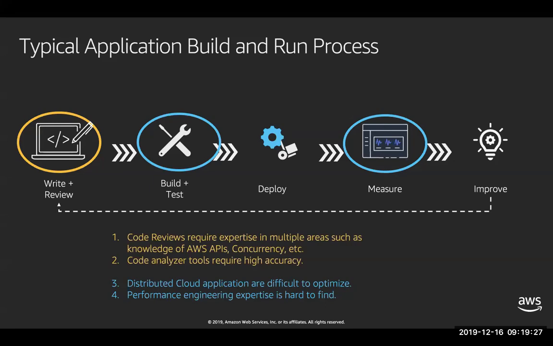Code Guru has been trained on, I believe it's 15,000 of the top most popular open source projects. And the idea here is to do both static analysis as well as dynamic profiling of your application.